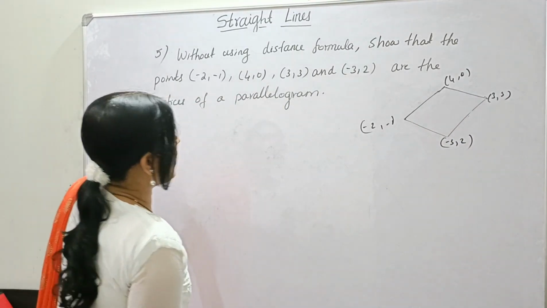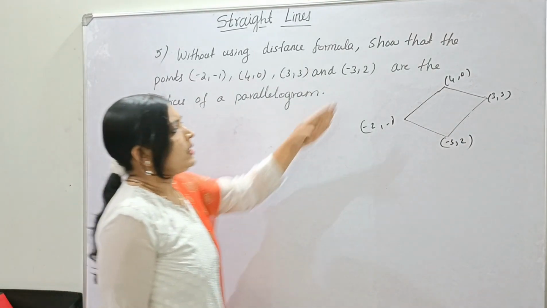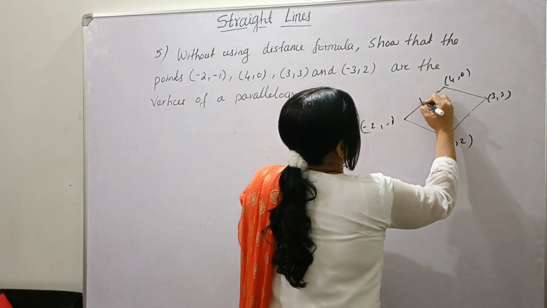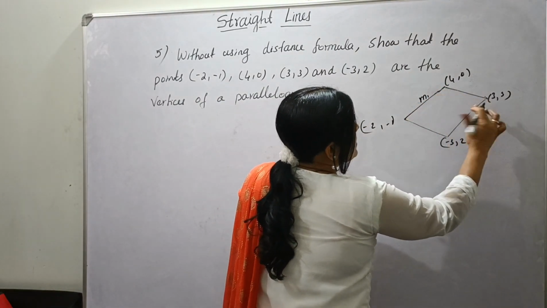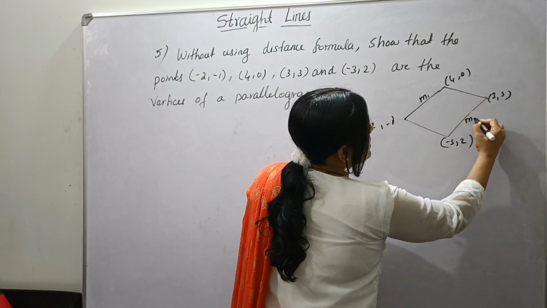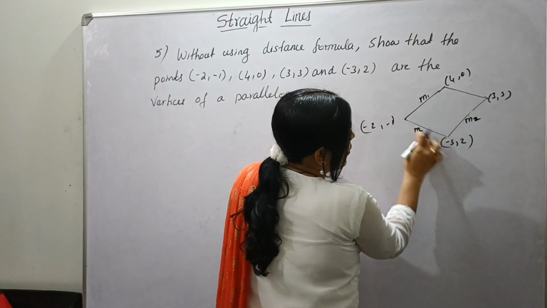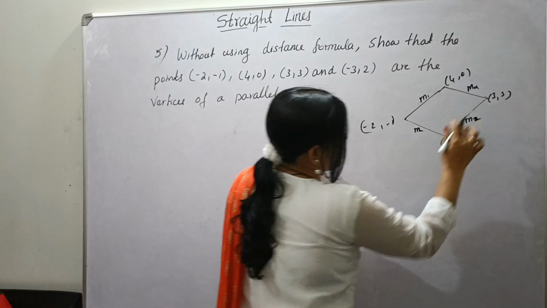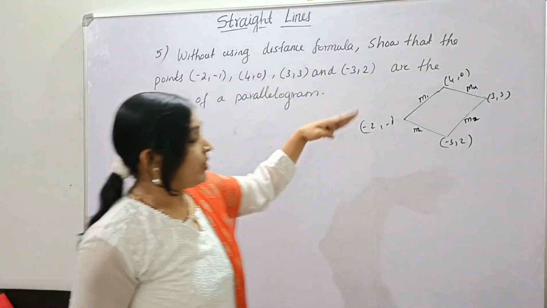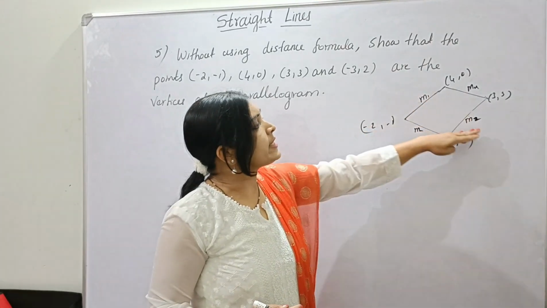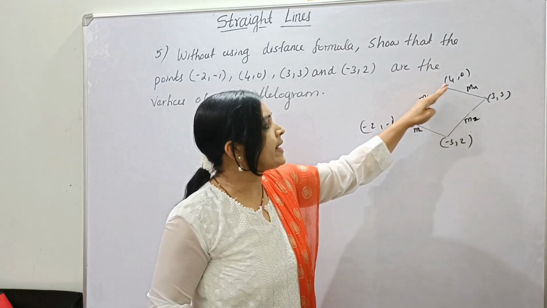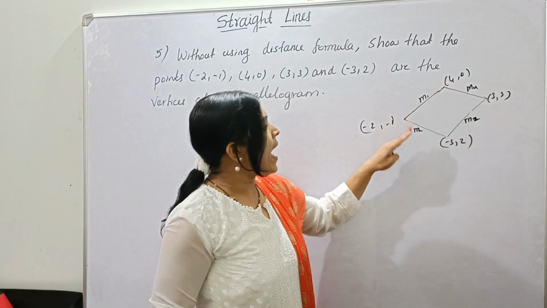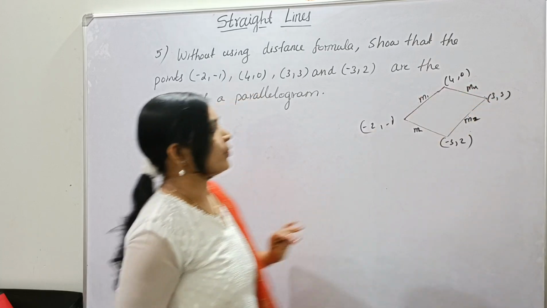First of all, let us find all these slopes. Let m1 be the slope of this line, m2 the slope of this line, m3 the slope of this, m4 the slope of this. We have to show m1 is equal to m2, and m3 is equal to m4.